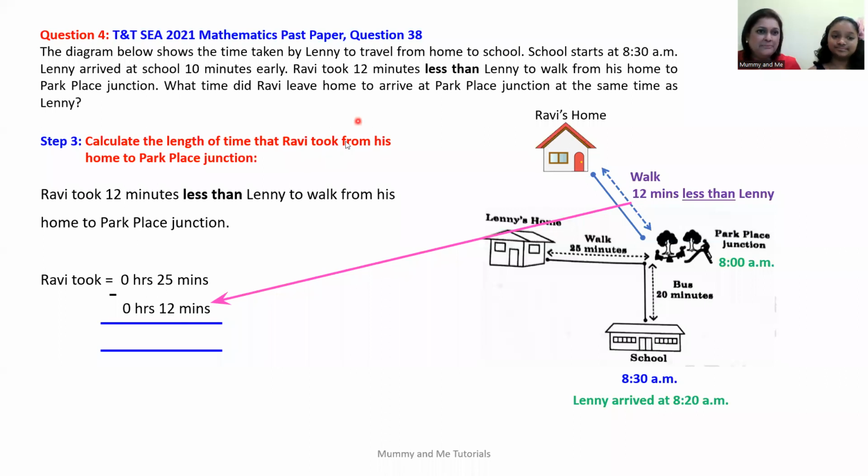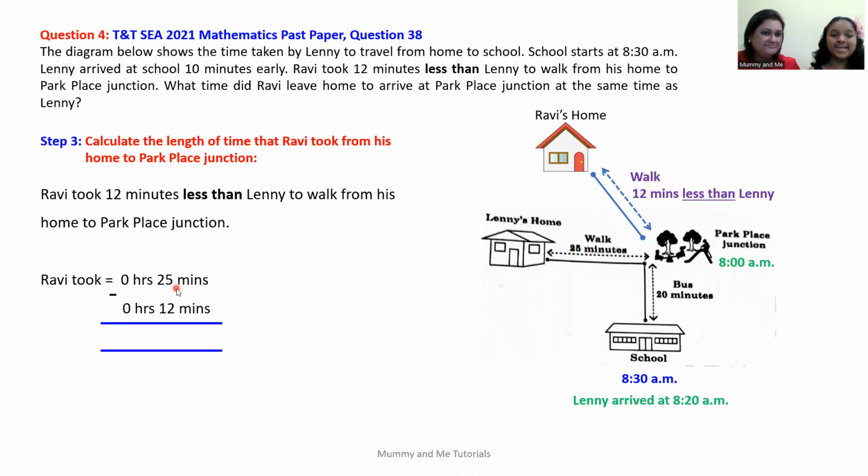But we are saying that because Ravi took 12 minutes less than Lenny, what does that less than mean? The phrase less than means that we need to minus or subtract. Oh, so we are subtracting 12 minutes from this 25 minutes.